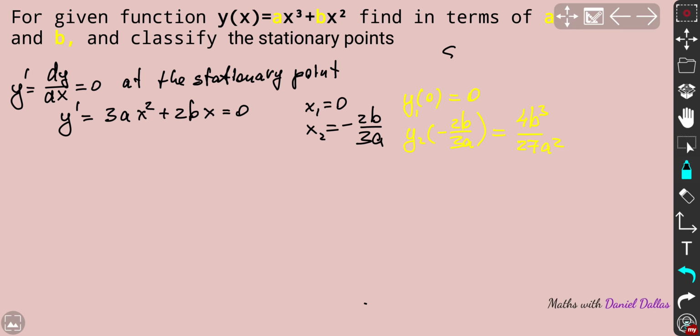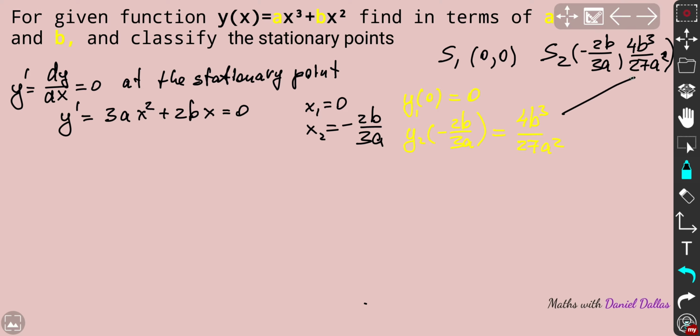Let's say S1 has coordinates 0 and 0, and S2 has coordinates negative 2b over 3a and 4b cubed over 27a squared. I hope it's clear, a squared, just this one.